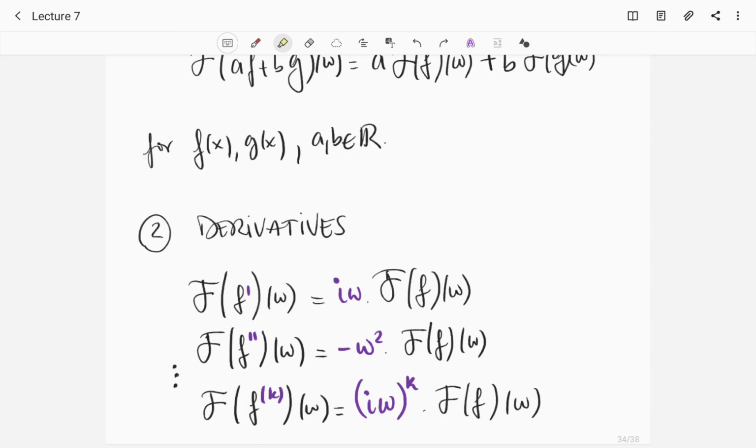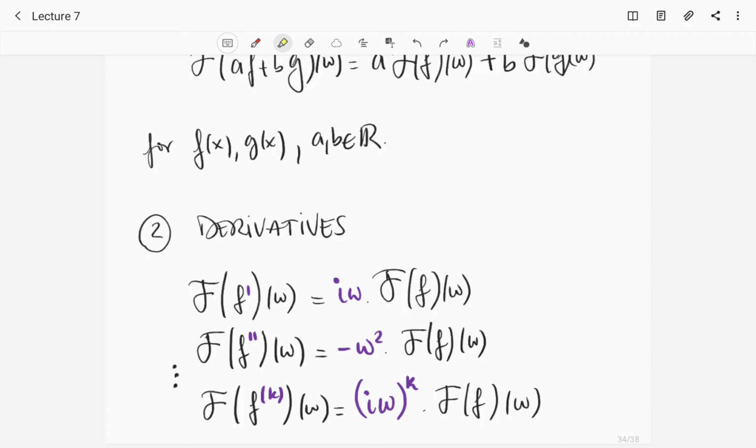So what we saw here were the two main definitions, the Fourier transform of a function and the inverse Fourier transform of a function, which are key for solving the partial differential equations, and these operational properties: linearity and how the Fourier transform behaves with derivatives.